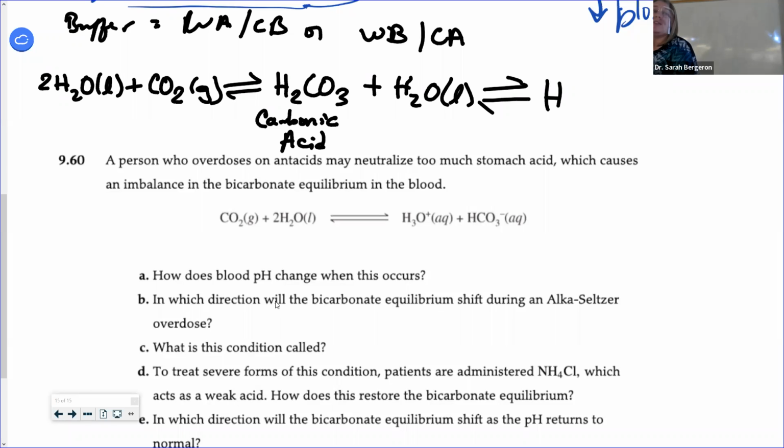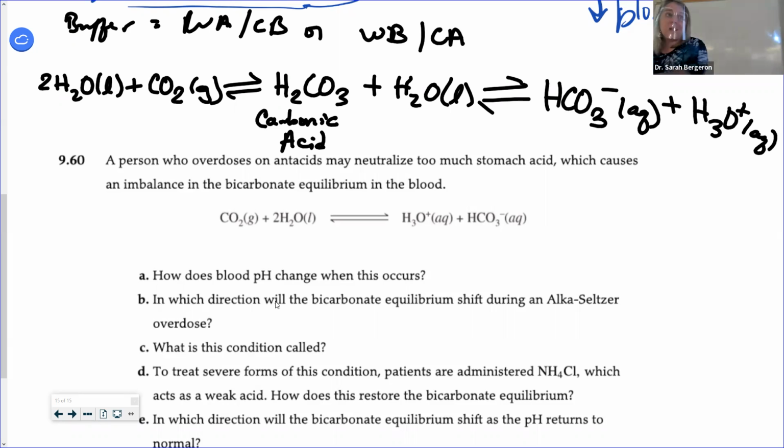Instead of H2, I only have H1 hydrogen and then CO3 minus. And where did that hydrogen go? Well, water picked it up, so it's H3O plus. So technically what I've written is actually what happens. They just kind of gloss over that.